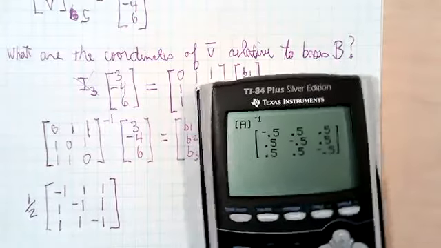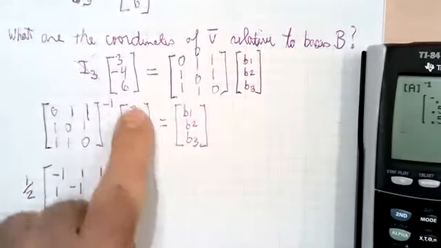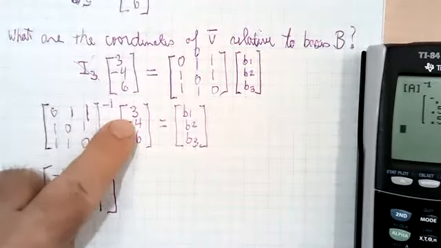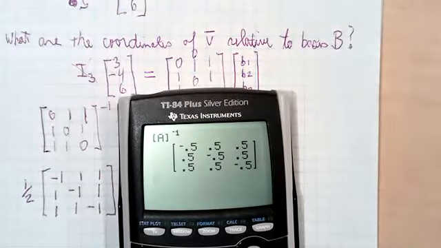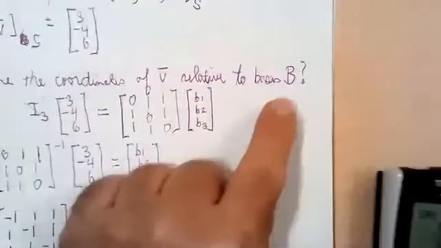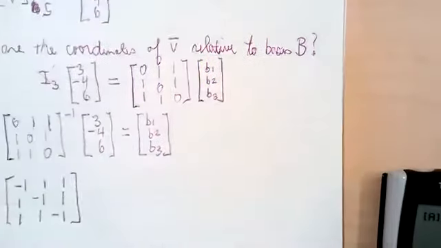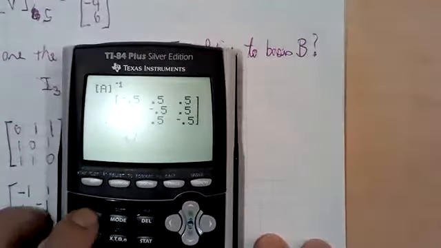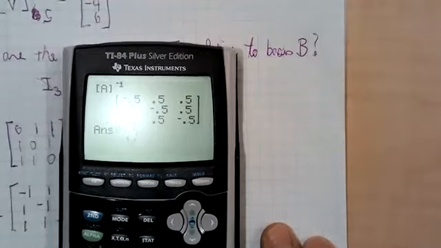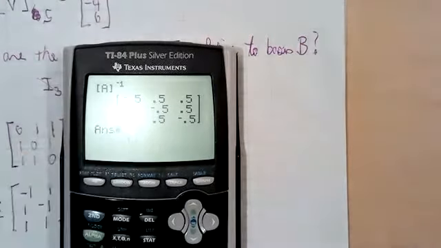And what I would like to do is just left multiply these coordinates, 3, minus 4, 6, by this inverse. And I'm supposed to get the coordinates relative to the basis B. And we can test that at the end. So if I'm really lucky, I think I can just say ANS. I think it'll call this result back up.